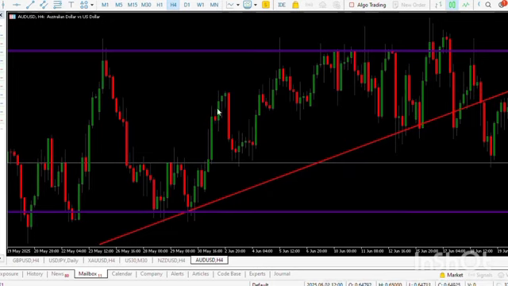Now if I also take another trend line to the top side, we're having a kind of channel here. We can see a channel kind of angle in this place.